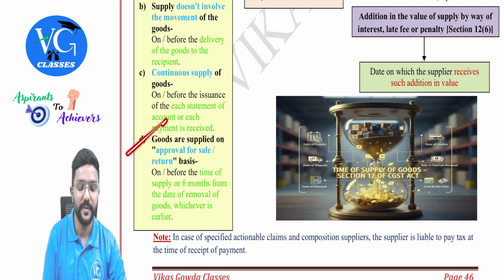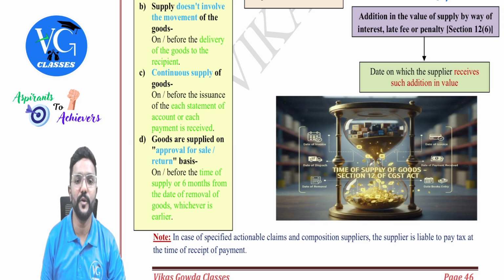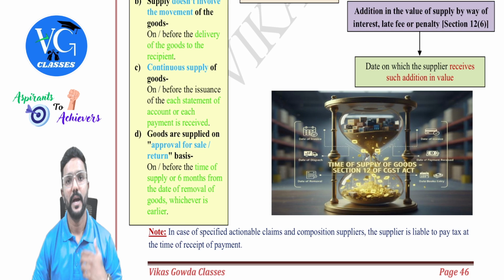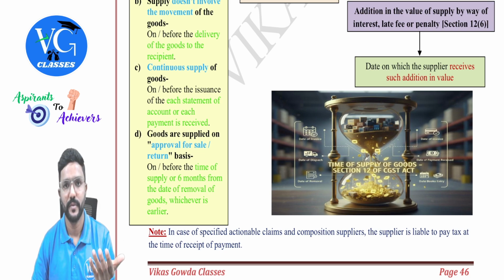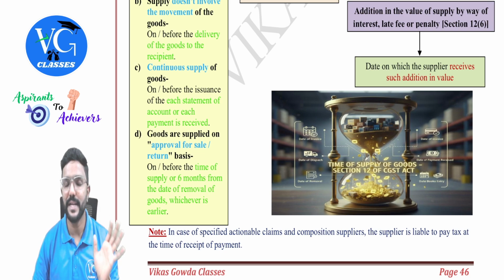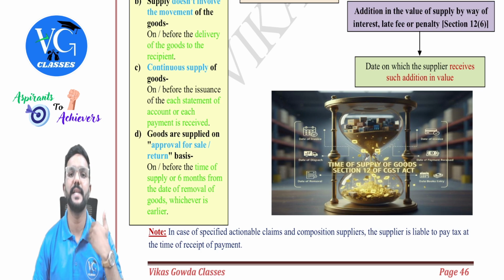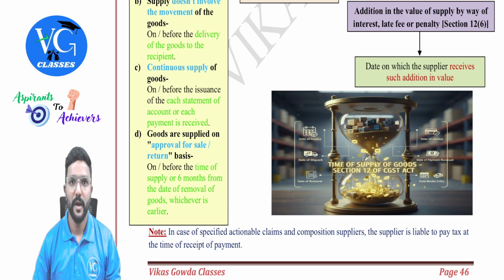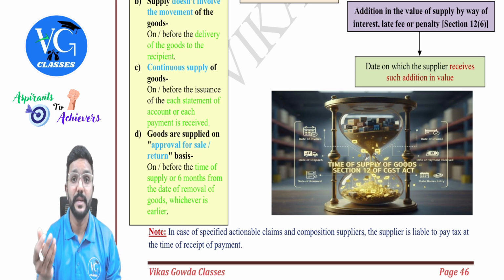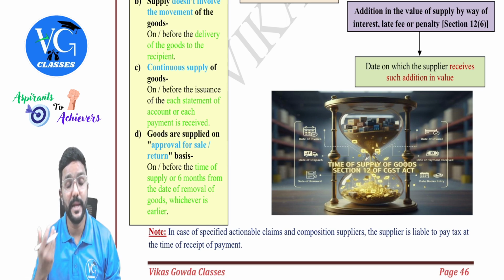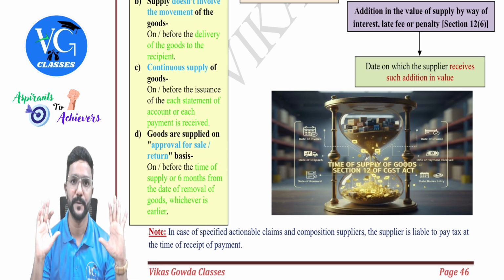Then the last one, when goods are supplied on approval for sale or return basis. Assume I have sent goods to you, and when I have sent, it is not a sale for me. Only when you have approved it or when you have accepted it, it is a sale for me. Or else you have done something which will signify to me or imply to me that you have accepted the goods.